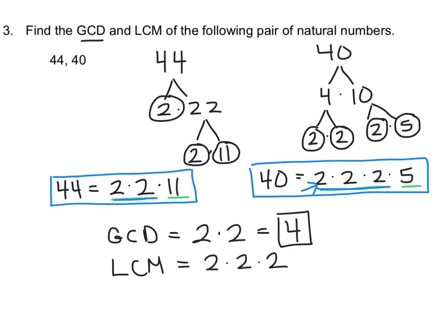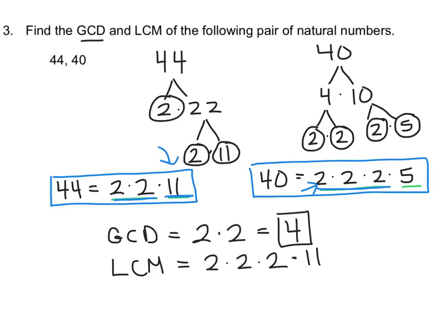Now I'm going to go back to 44 and look at the factor 11. Now I need to ask myself, what's the greatest number of times that 11 occurs in either factor? Well, 11 occurs once in 44, and it doesn't occur at all in 40. So the greatest number of times that 11 occurs is 1 time. So I'll write down an 11. Now that I've used all my factors in 44, I'm going to look at the factors in 40.